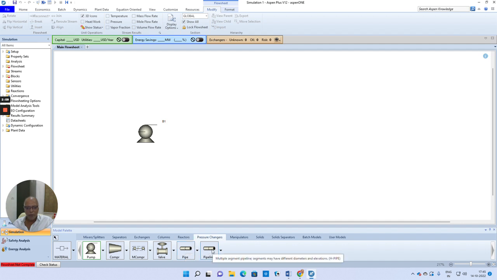Whereas if you want to go for pipeline, you can see here multiple segment pipeline. Segments may have different diameters. As far as this problem is concerned, we have a uniform diameter pipe, so we should be able to use a pipe model to represent this particular problem. So let us connect the input and output.